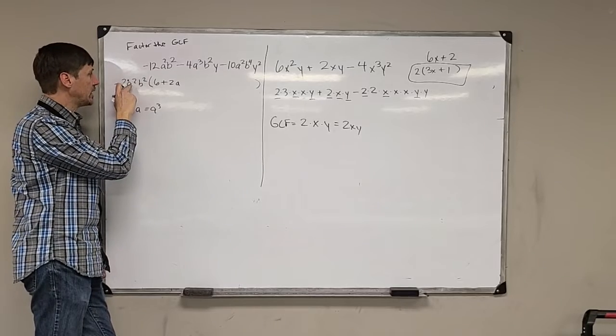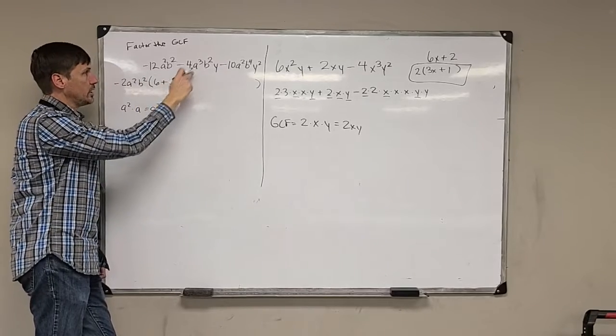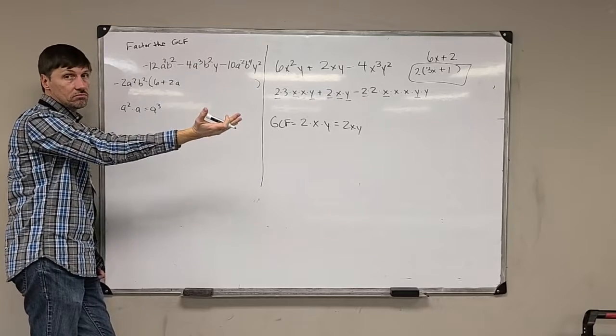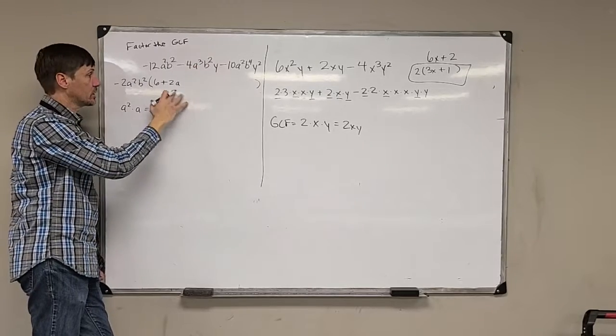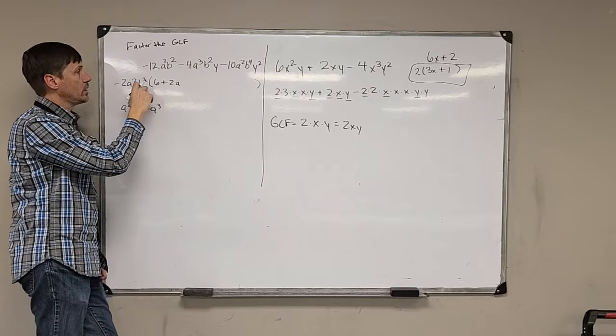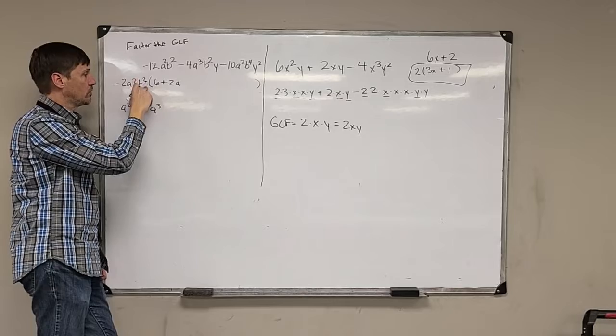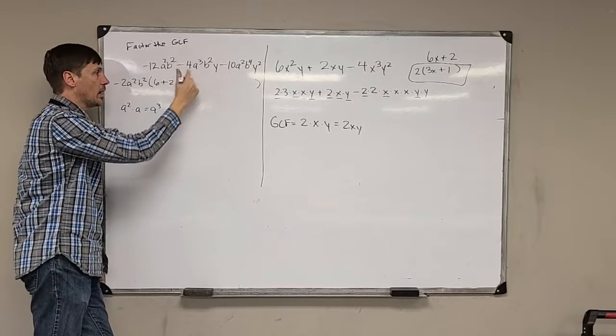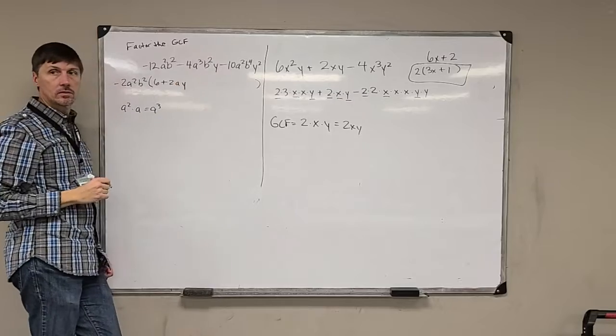So we take care of the a terms. A squared times a equals a cubed. B squared times what gives me b squared? B squared times 1, right? So we just leave that out. And then, since there's no y term in the original, 1 times what gives me y? Well, just y. All right?